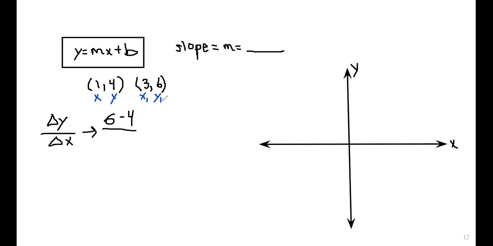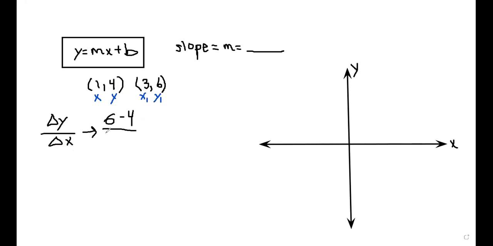Now, here's the important part. If I start with this one over here with the y, I have to start with the same one over here with the x. See, if I start with this one with y and go to this one, then when I go to delta x, or how x changes, I have to start with this one, x1, over there.